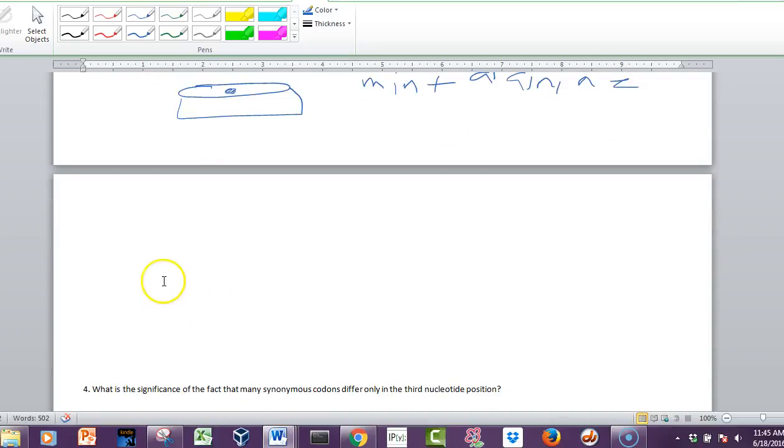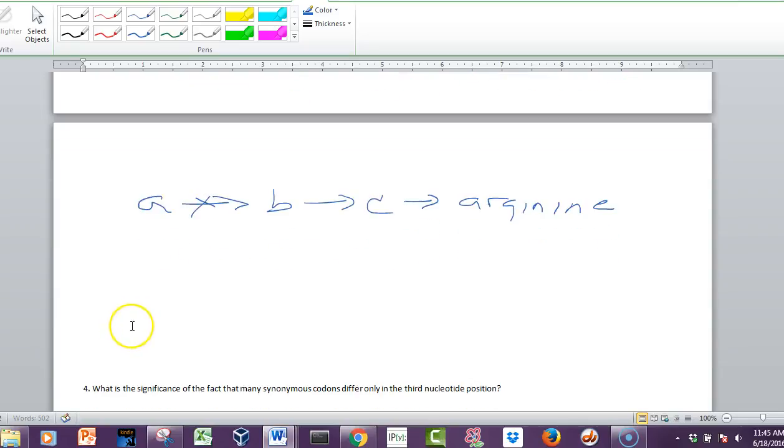And so if we have a biochemical pathway of a bunch of things where we're going to make compound A and convert it into compound B and convert it into compound C and then eventually convert it into arginine, if we have a mutant in one of these steps, we've got a mutation so that we can't make arginine, that mutant can't grow.